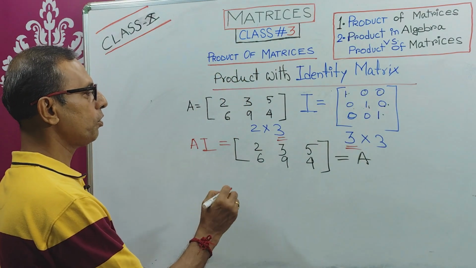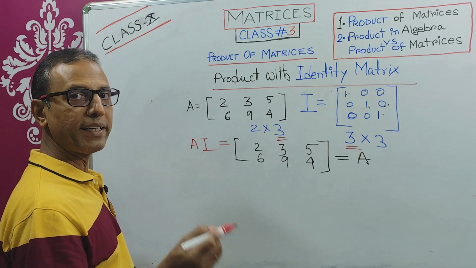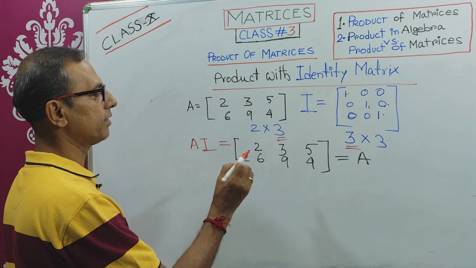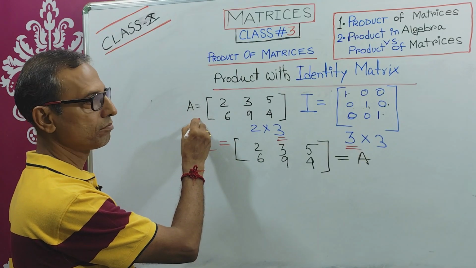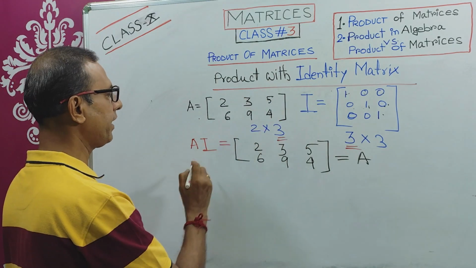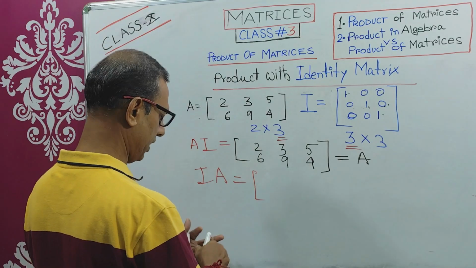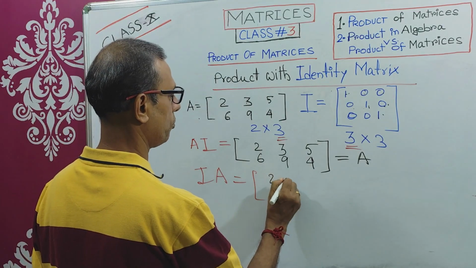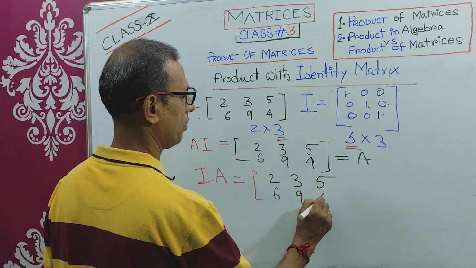This one, which equals A. So if you multiply a matrix with the identity matrix, the resultant matrix will be the non-identity matrix, right? So if you multiply even I into A, that will also return the same thing. 2, 3, 5, 6, 9, 4.